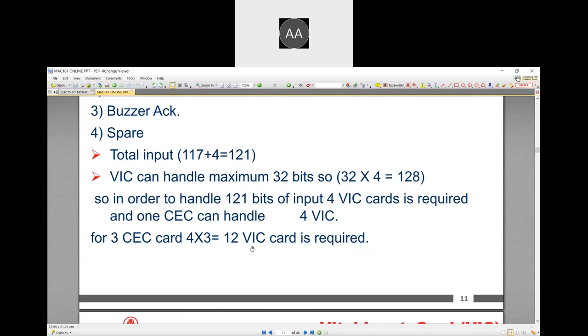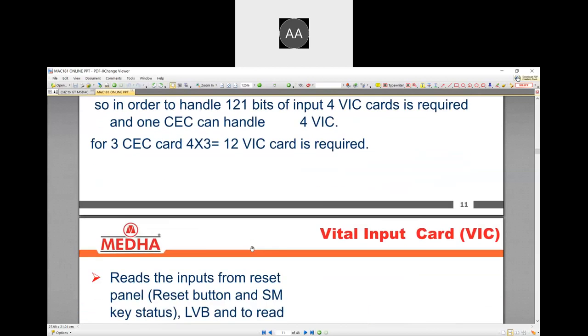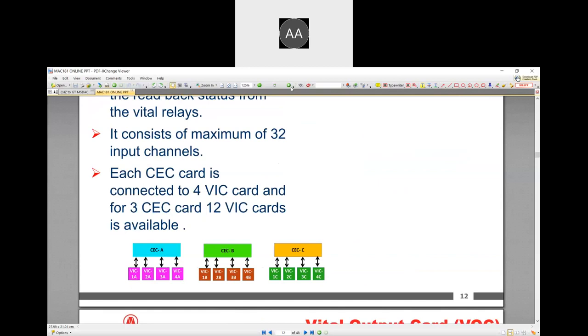On that concept, 3 processors will be there, the number of field inputs coming is 121 in general, and a single card capacity is 32. So to cover the maximum input, 4 vital input cards are needed, and as each piece of information needs to be provided to every processor, in total 12 VIC cards will be used. Here you can see the diagram.